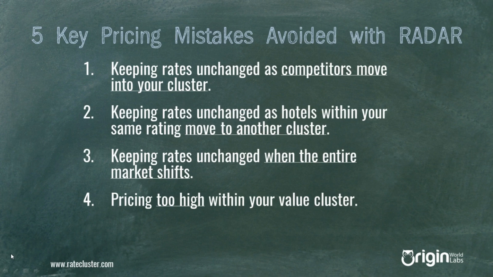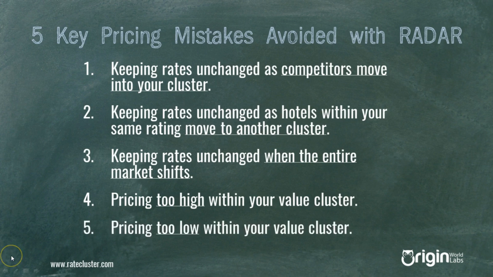For some properties, that may be at the top third. For others, it may be in the middle or lower third. Finally, the fifth mistake is pricing too low within your value cluster. You may be leaving profit on the table if you are severely underpriced compared to your cluster. We saw this in our example previously where, even though the property priced itself higher on the weekends, it actually moved to a lower cluster.